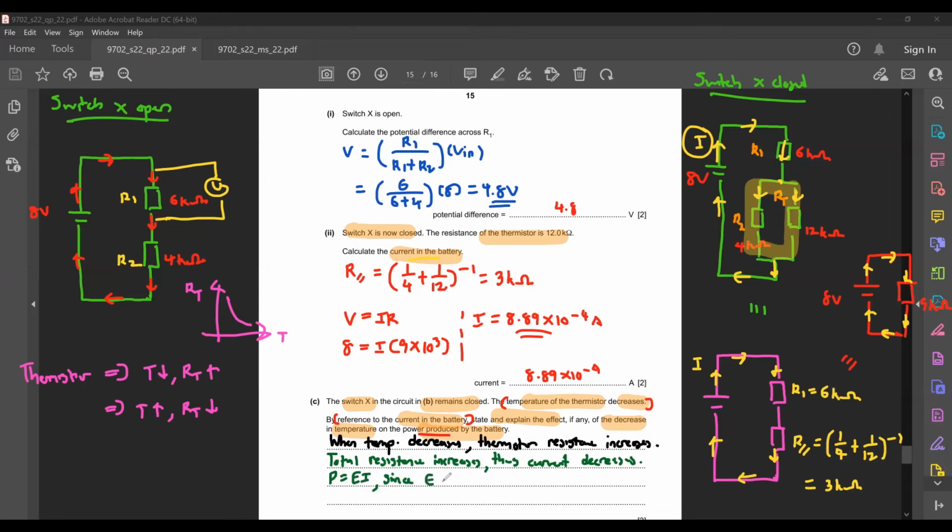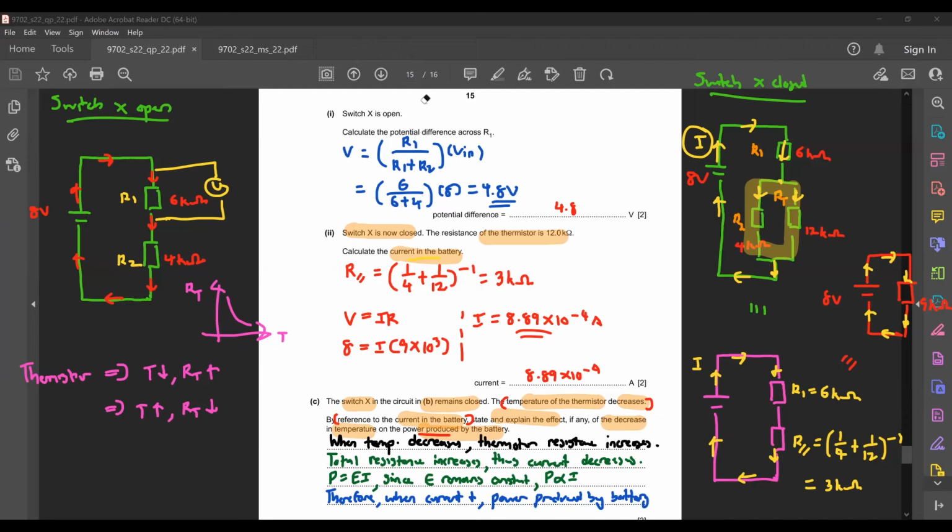Since E remains constant, P is proportional to I. So this then means that when current decreases, power produced by battery decreases.